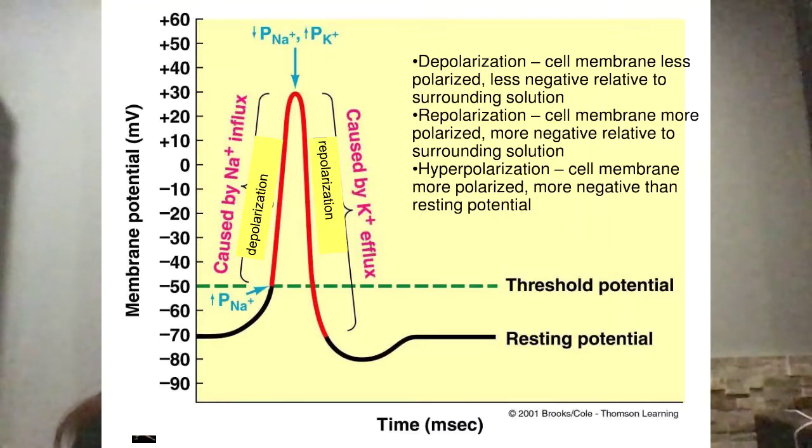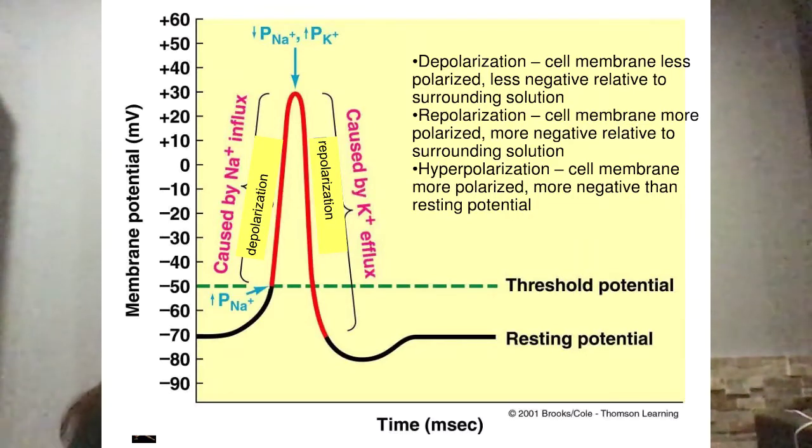But look at right next to it, it says an up arrow with a P and a K plus. That means an increase in potassium ions. Okay, so a new channel is opening. A voltage-gated potassium channel opens, and potassium now leaves the cell. Okay, so when potassium, that's a positive ion, leaves the cell, then the cell is going to return back to negative.